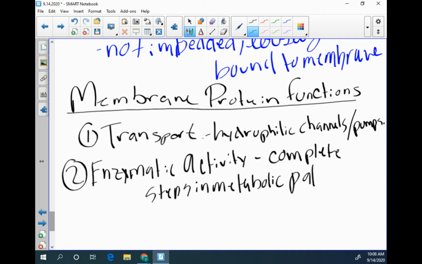When we talk about metabolism after we finish up with the cell, we will talk a lot about these membrane proteins that have enzymatic activity. They're not in the outer membrane as much as they are in the mitochondria and chloroplast membranes, but they do exist on the outside of the cell as well.